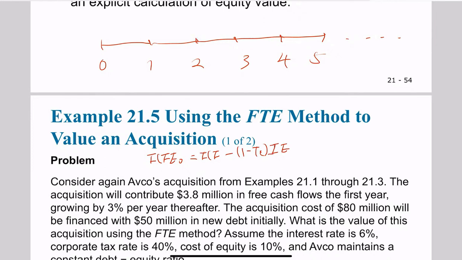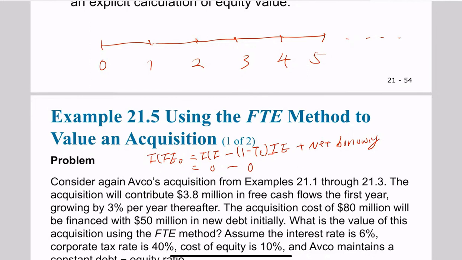I'm using IE to represent interest expense, plus net borrowing. Well, on day 0, the free cash flow is 0, right? And there is also no interest expense.